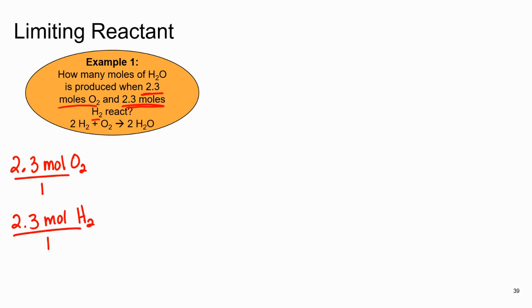Now it says how many moles of water is produced. This is just a mole to mole problem. How do we get from moles of one compound to moles of another? Well, we need the balanced equation. So the way that we're going to get there is we're going to use the coefficients from the balanced equation.